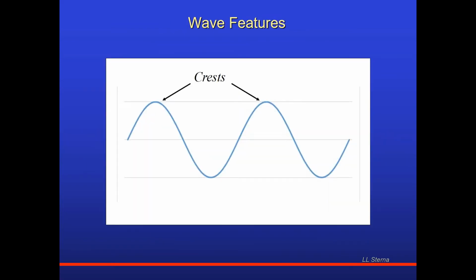Now, in order to analyze what's happening, we need to introduce some language to describe the waves. The tops of the waves are called the crests. The bottoms are called the troughs. So you have the crest, you have the troughs.